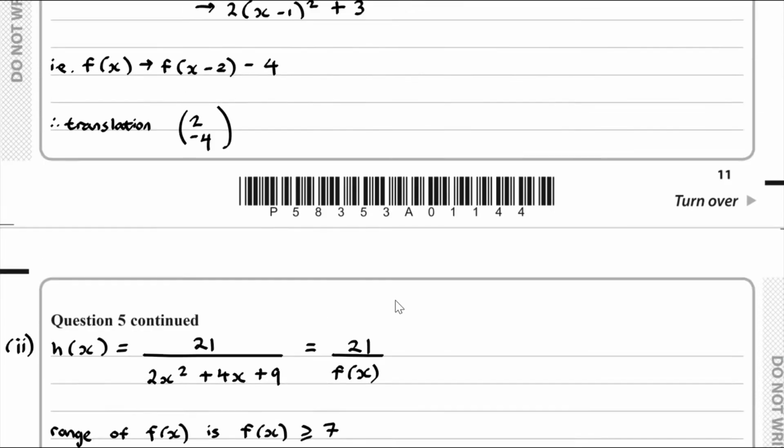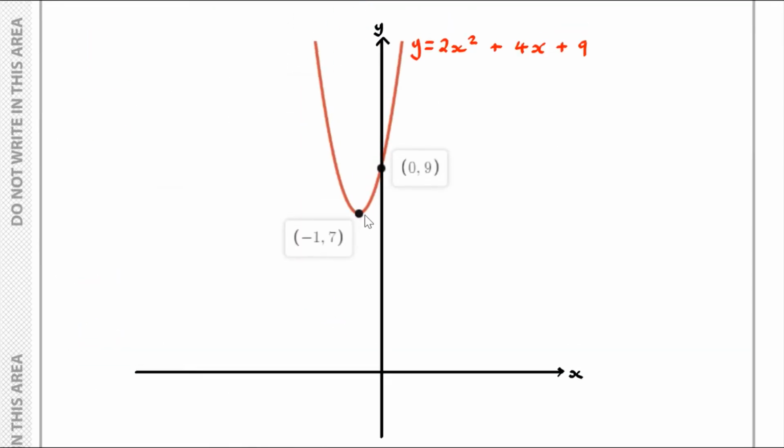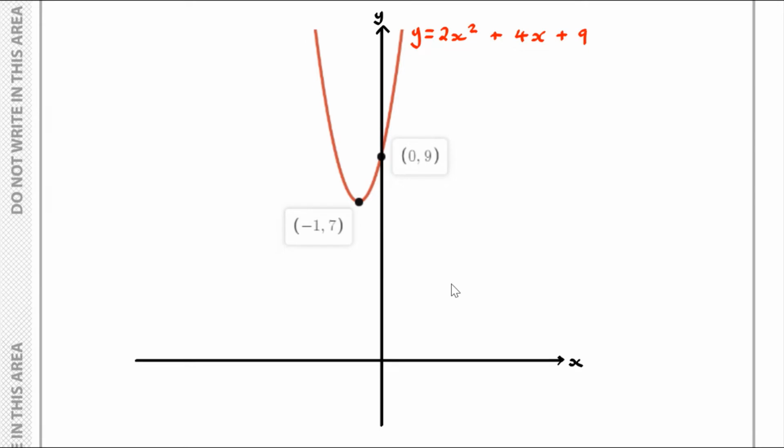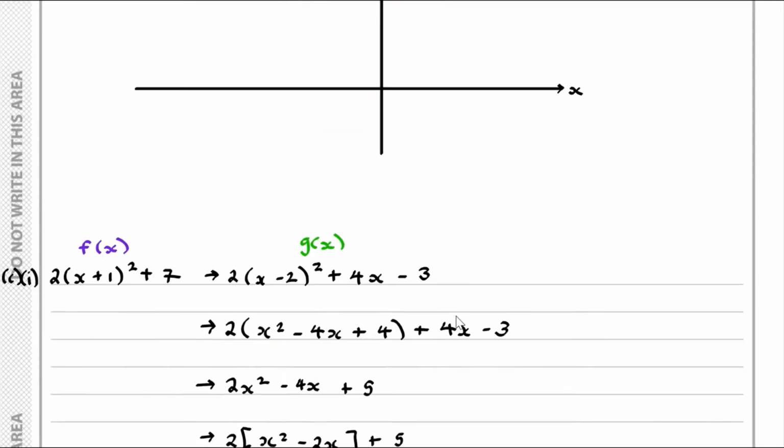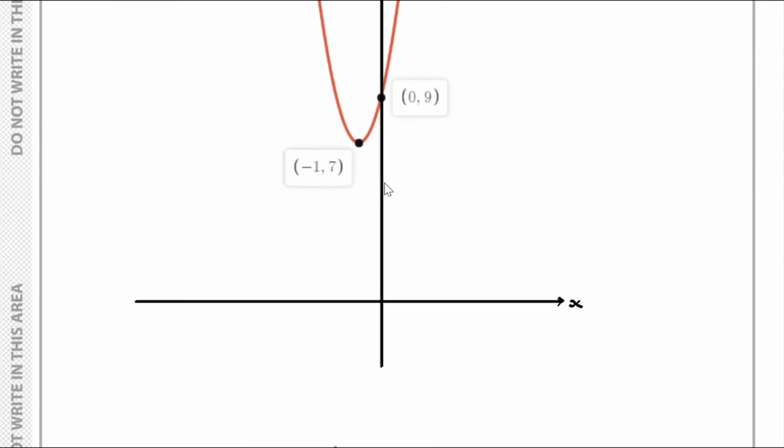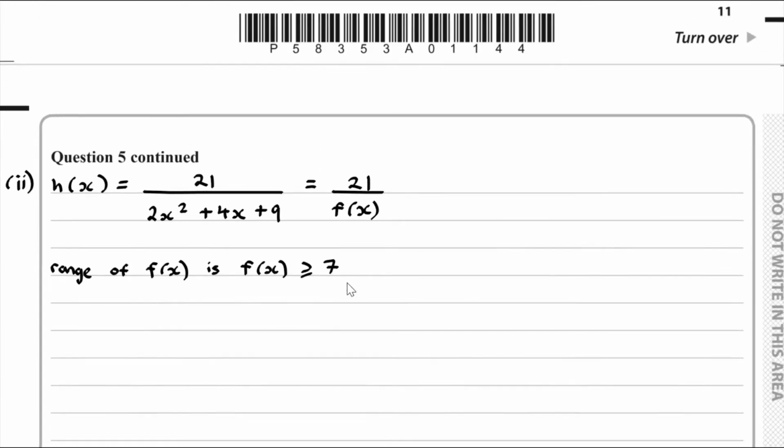And therefore, the smallest value we need to substitute in to h(x) would be the 7, because that's the minimum point. So therefore, let's just write that down. The smallest value to sub into h(x) is 7.